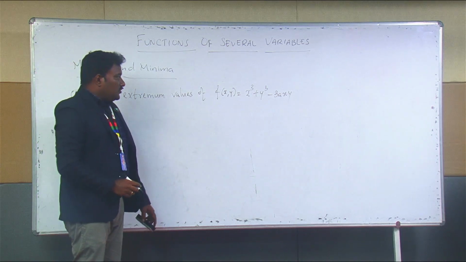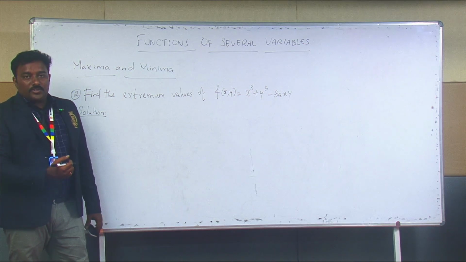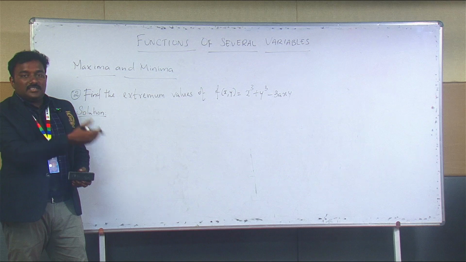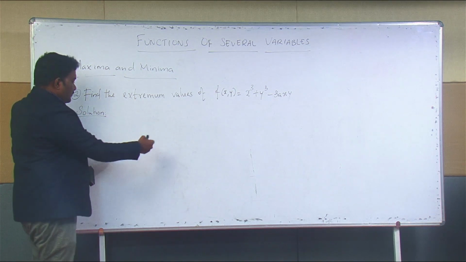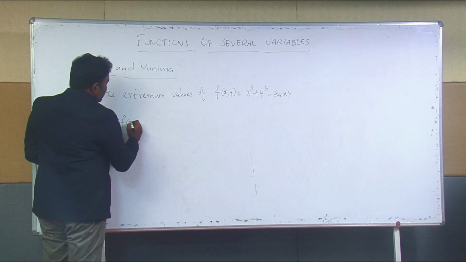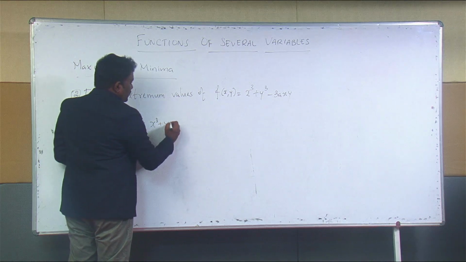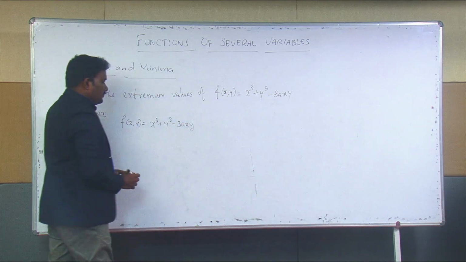Yes. So, the same working procedure we are going to follow here. We are going to find the first derivative with respect to x and y and the second derivatives with respect to x and y again, right. So, we will write the function first, f of x comma y is equal to x power 3 plus y power 3 minus 3a xy.